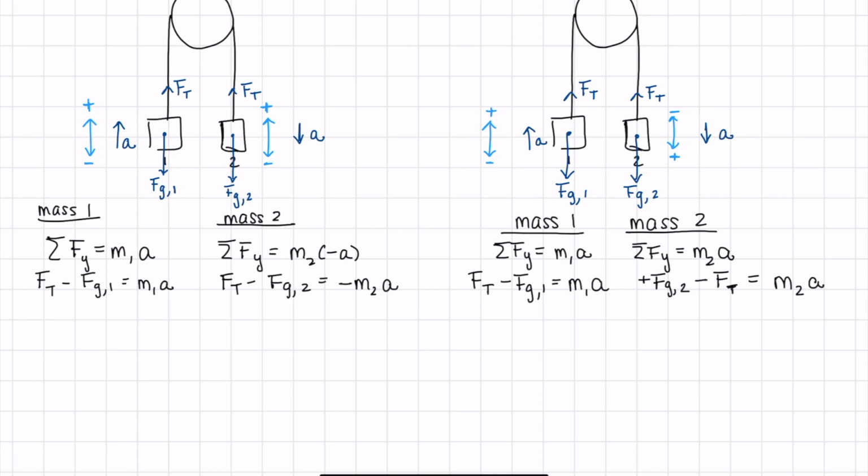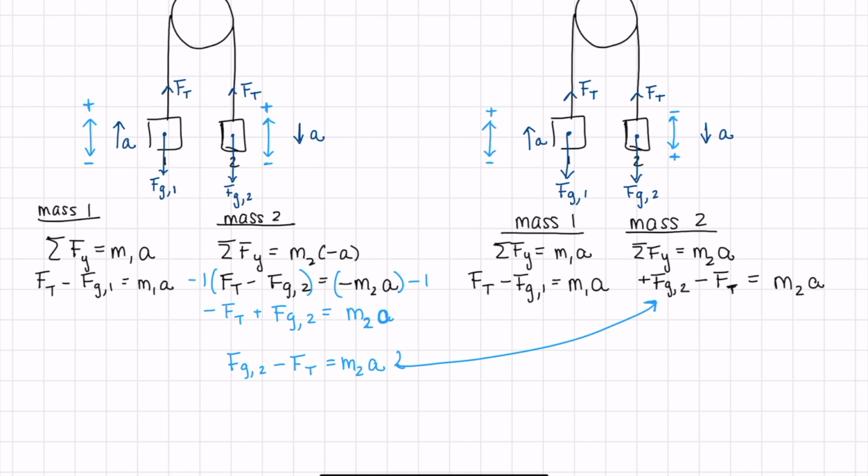So if we just take a peek for a second, say the mass 2 F net equation from the normal sign convention, and multiply both sides by a negative 1, then this would become minus Ft plus Fg2 equals M2A, which again, if you just switch the order of those forces being added to each other, it's the same exact equation.